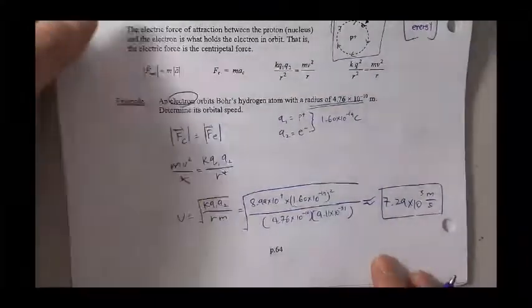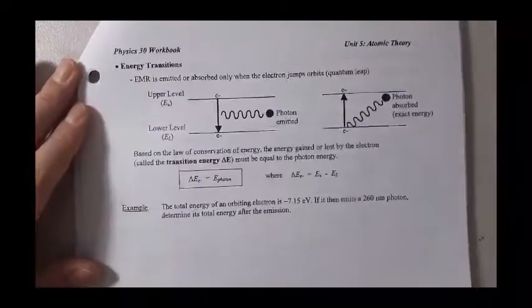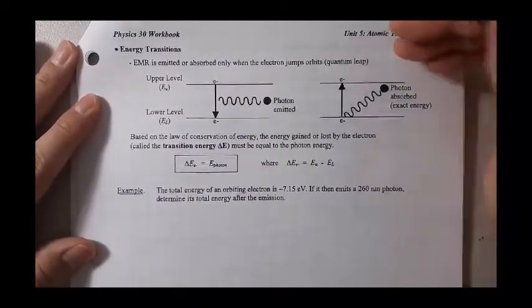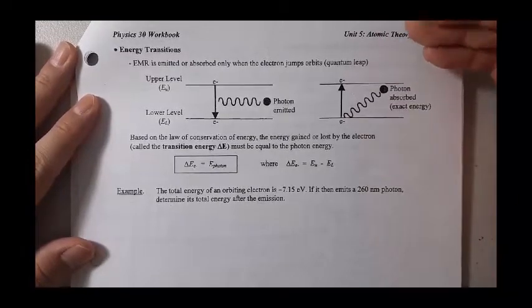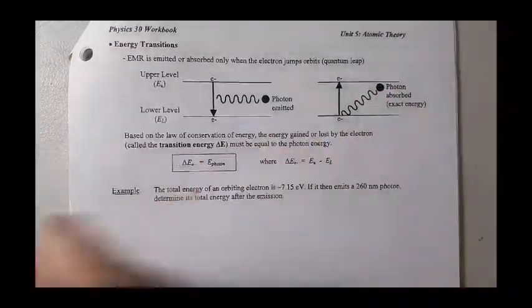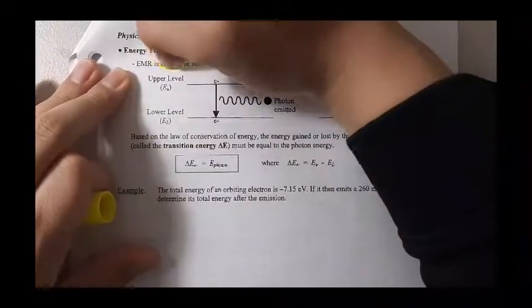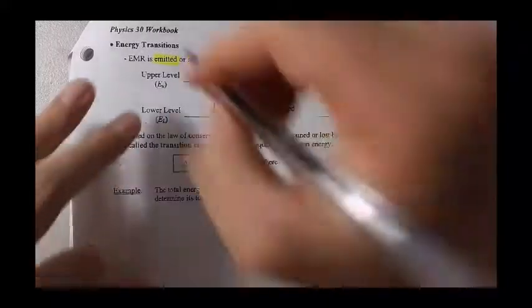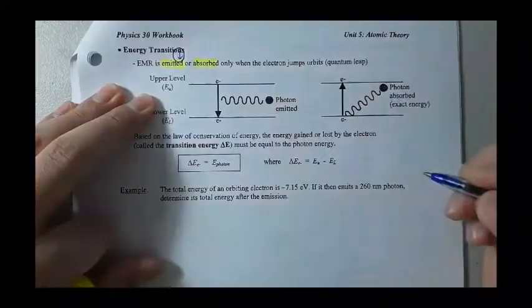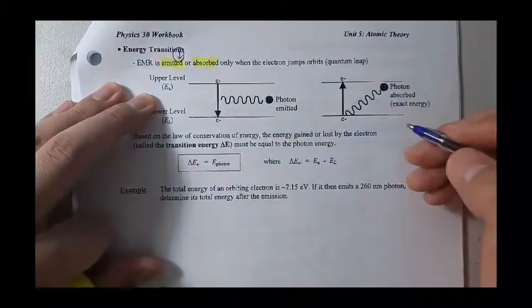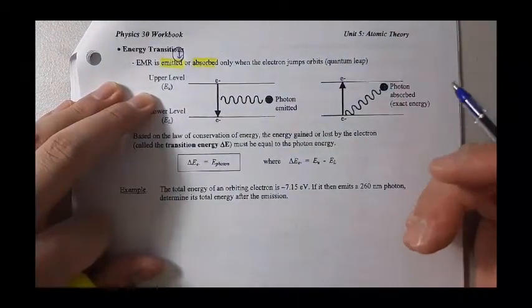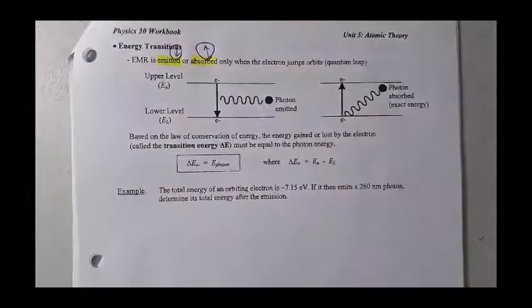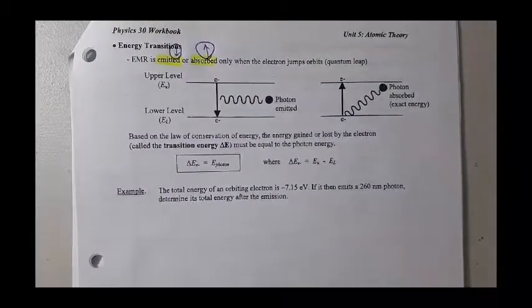Let's do some other. All right, when I look at this, there's energy transition. Like I mentioned, first thing first, EMR can be emitted or absorbed. To have an emitting situation, you have to go from upper level to lower level because you relax. In order to get from excited to relaxed, you need to use up the energy. Absorb is lower to higher, like cold water boiling to hot water, you need to absorb.